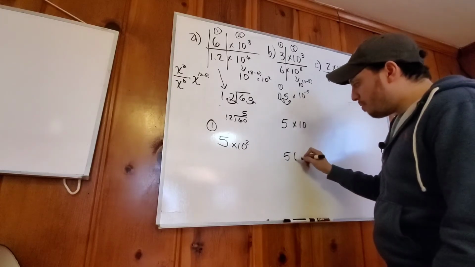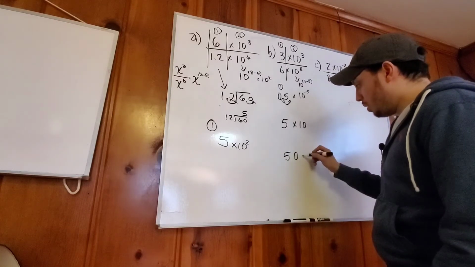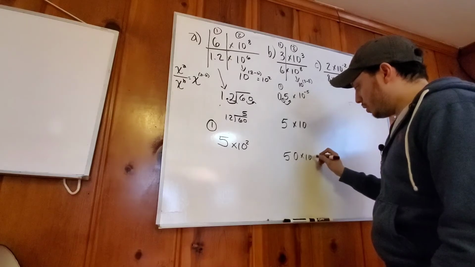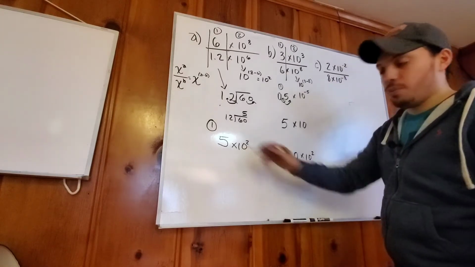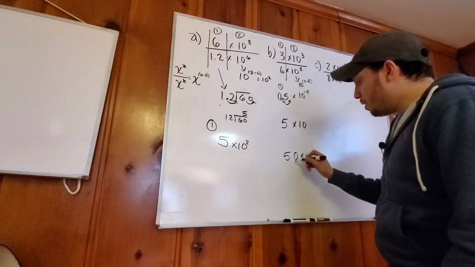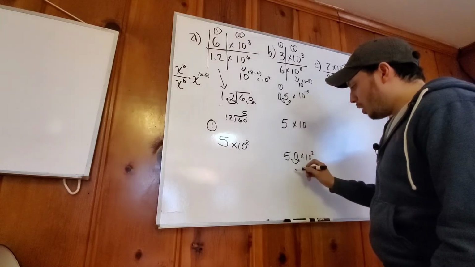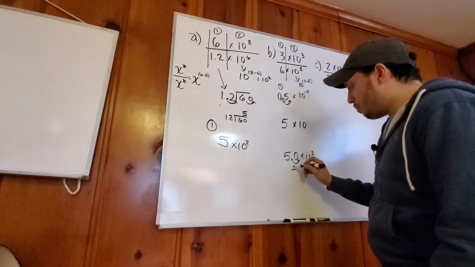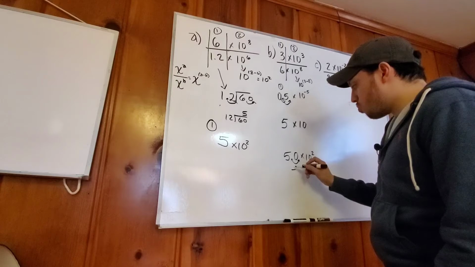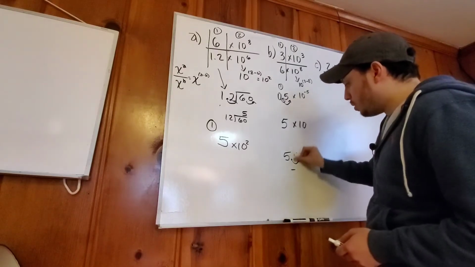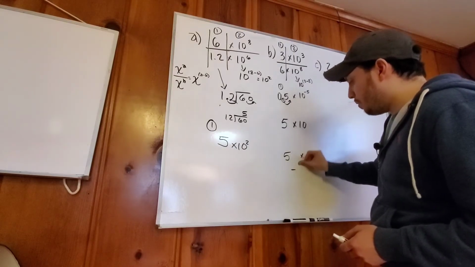So if I have a 50 times 10 squared, right here, and I'm going to move it from here to here, it will become... That wasn't that good of an example. Let me, 5, right?